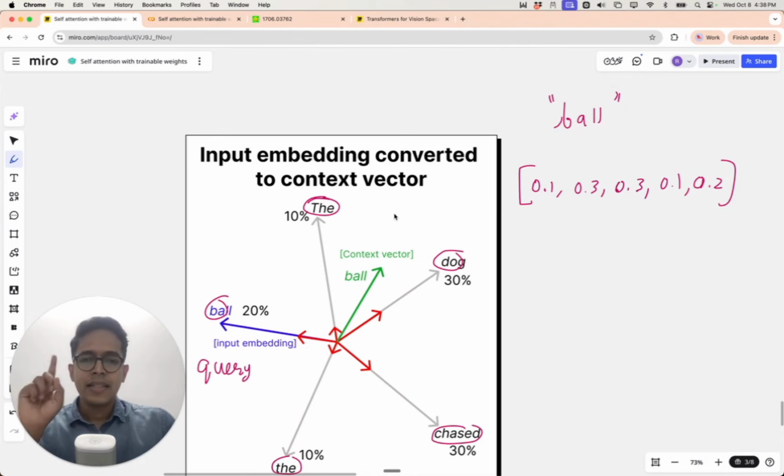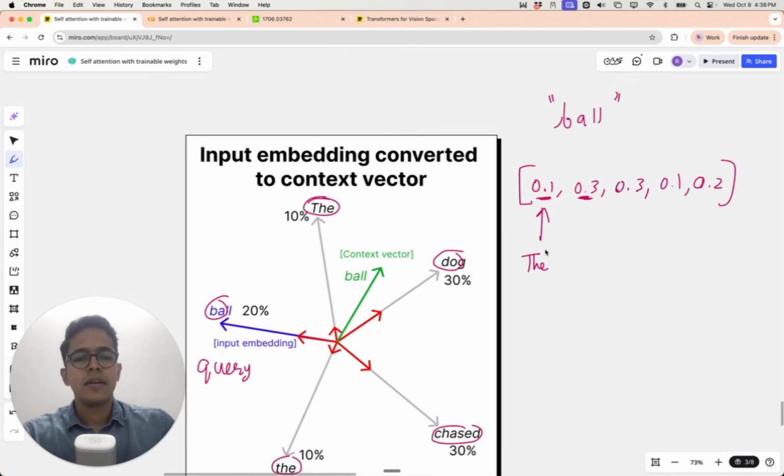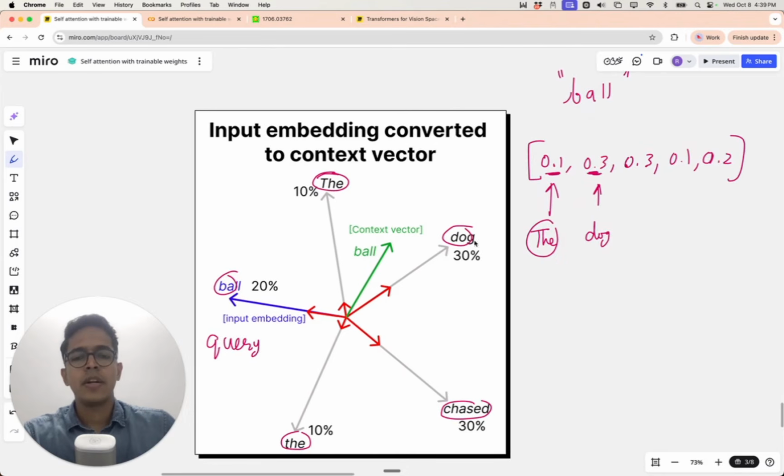In the simplified self-attention, what we did was multiply the initial vectors with these numbers. The vector for "the" is multiplied by 0.1. "Dog" is multiplied by 0.3, which means the length of the vector will be reduced to 30%.